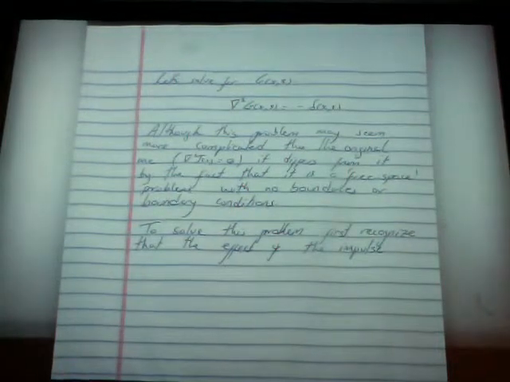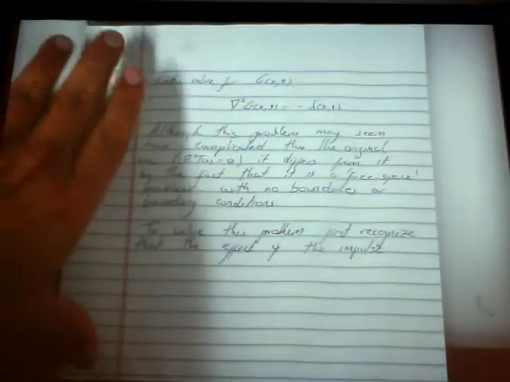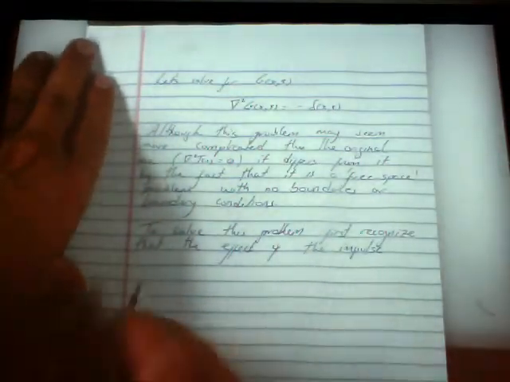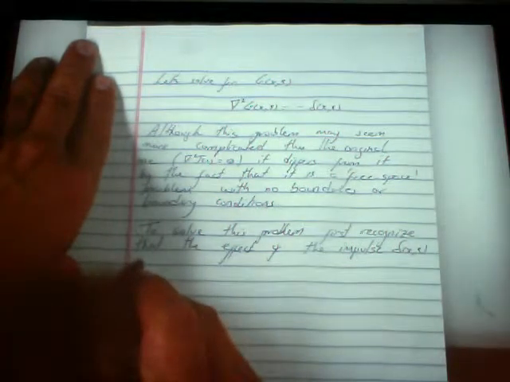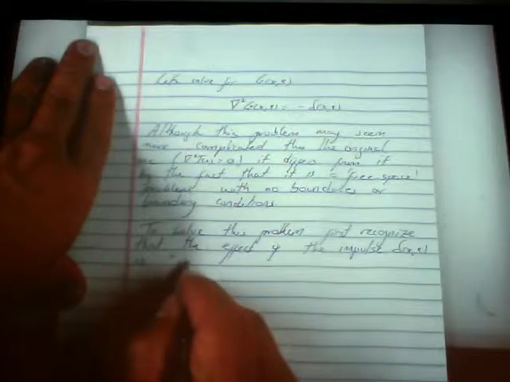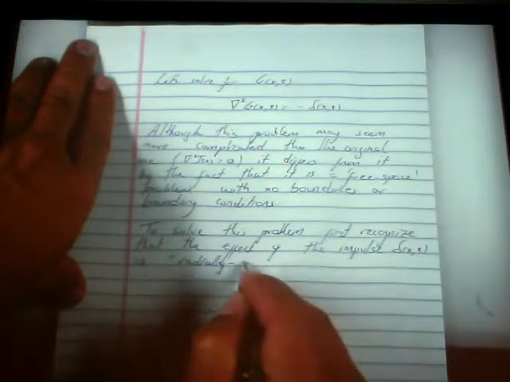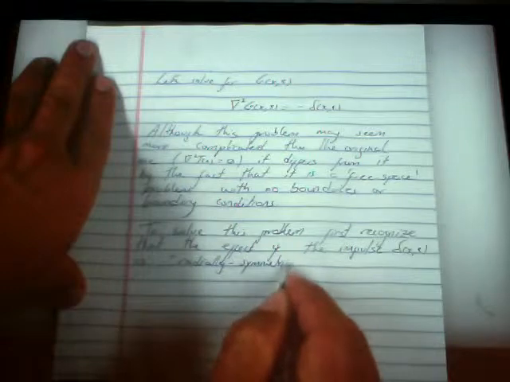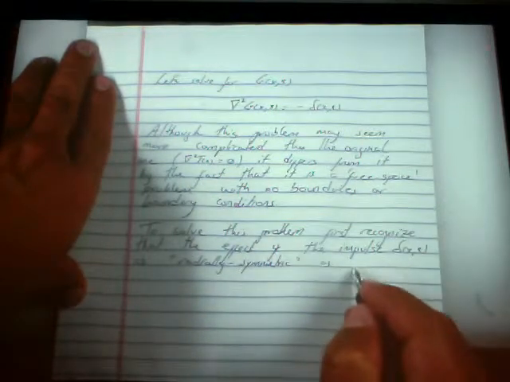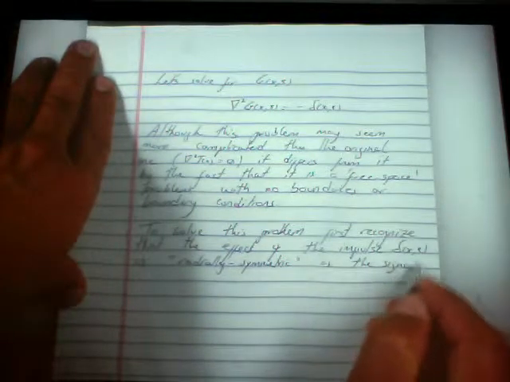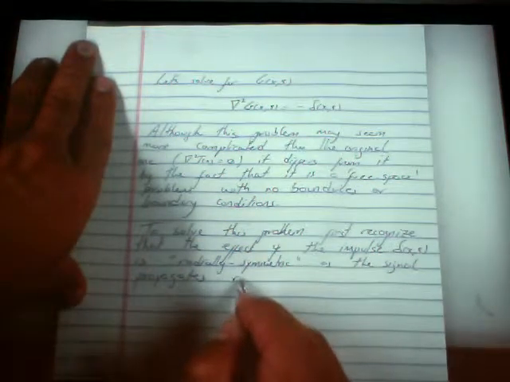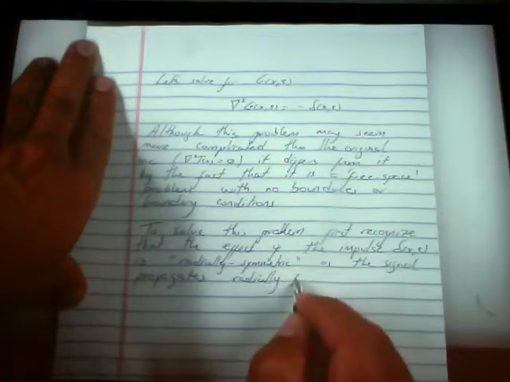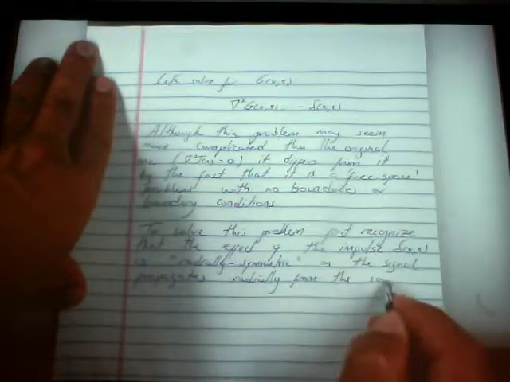Whatever it is, 1D, 2D, or 3D, it will always propagate radially symmetric. So the effect of the impulse is radially symmetric as the signal propagates radially from the source point.